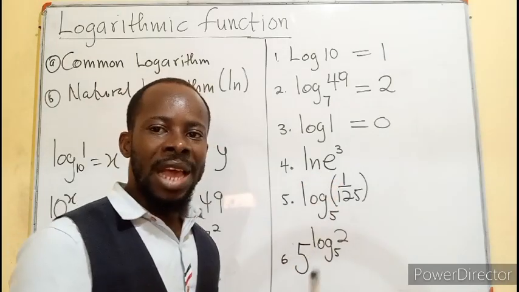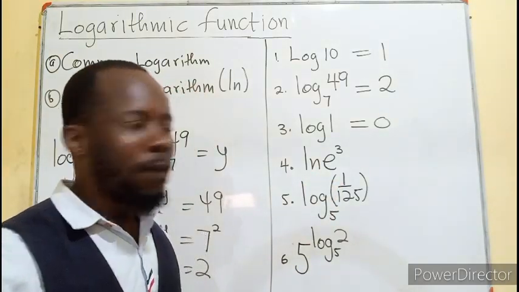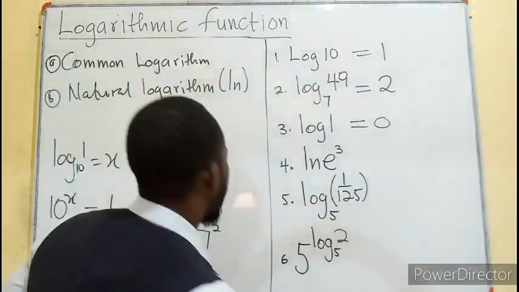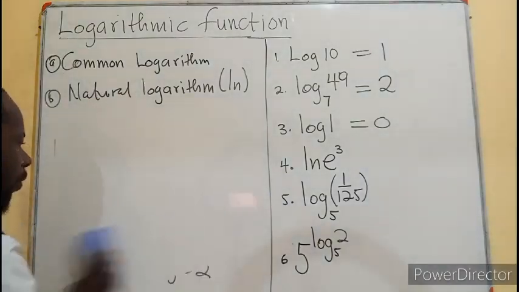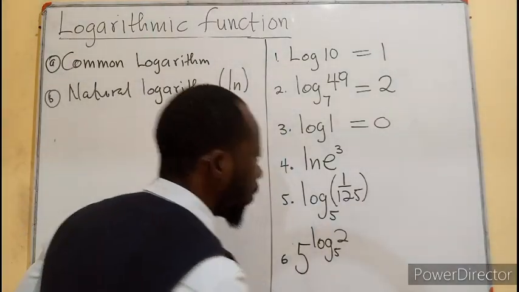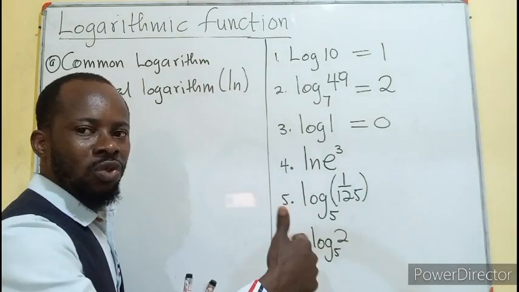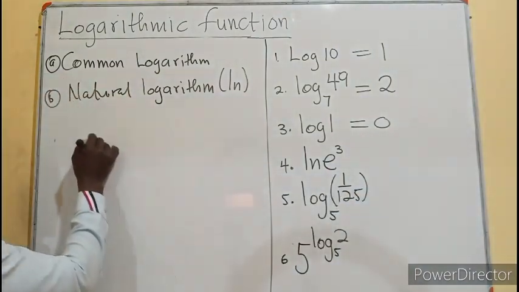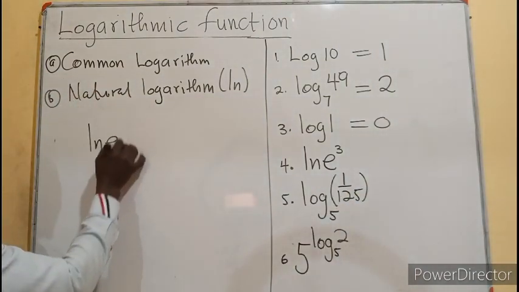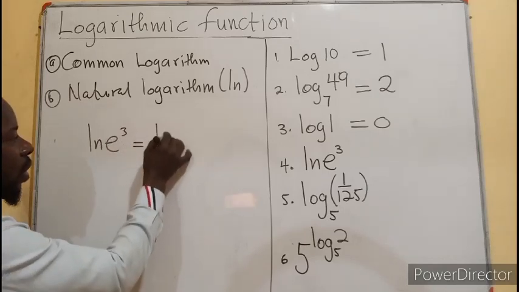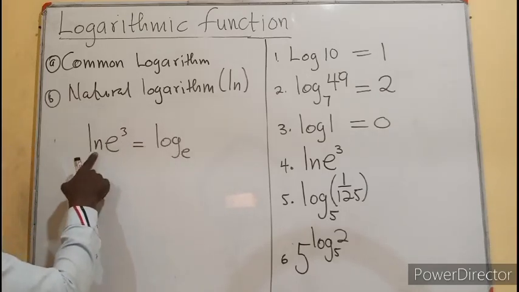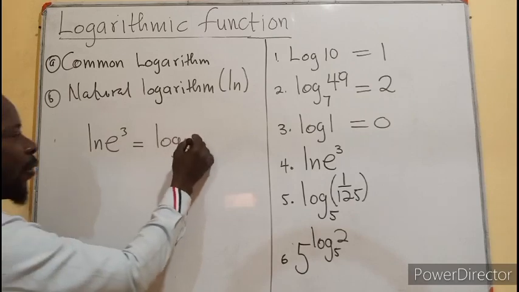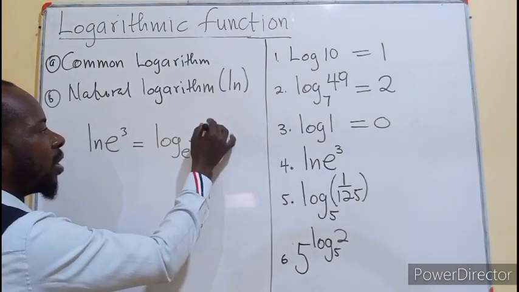Then I believe here we are on natural log. Ln e exponent 3. What is it going to be? If you want to write this back into the logarithm aspect, you'll be writing ln e exponent 3 as logarithm to the base e. That's the meaning of ln. Then the argument will come, e exponent 3.